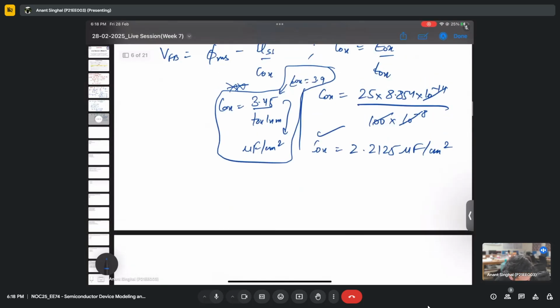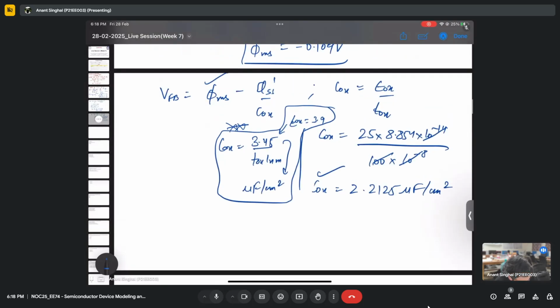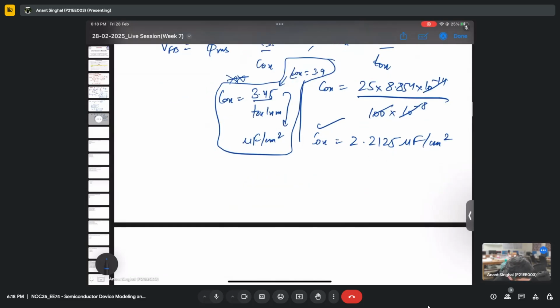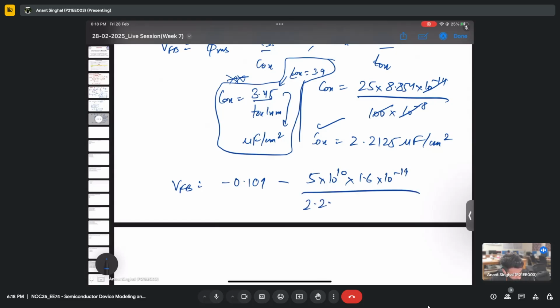Yeah, so we have also calculated C_ox. We have phi_ms, we have Q_ss. So now just the calculation part is left. So V_FB will be minus 0.109, plus phi_ms minus Q_ss, that is 1.6 times 10 to the minus 19, and then we have this capacitance, that is 2.25 times 10 to the minus 6 for the microfarad.